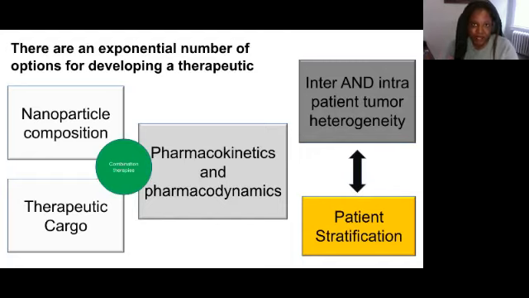I posit that a lot of the challenges with therapies is trying to identify patients and which type of drugs they might need. And then, out of the combinations that you have, which one is actually the most efficacious?